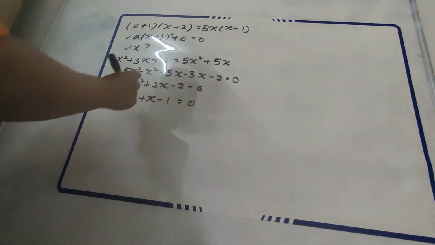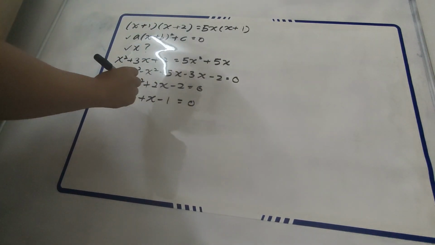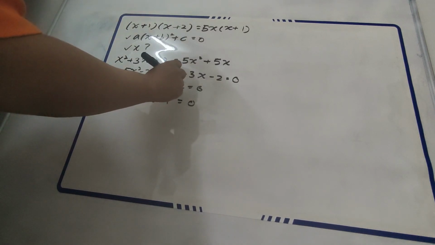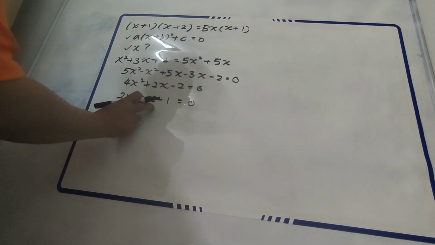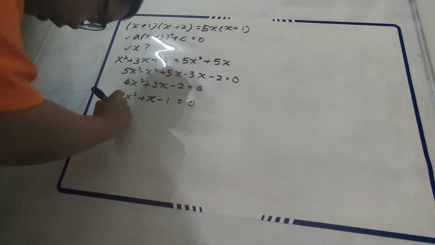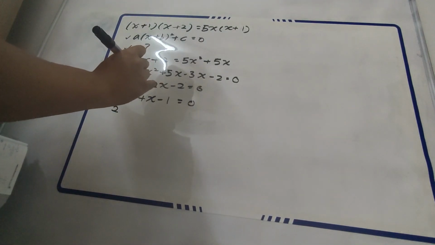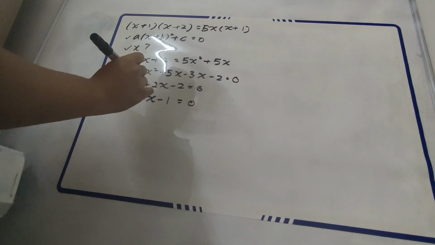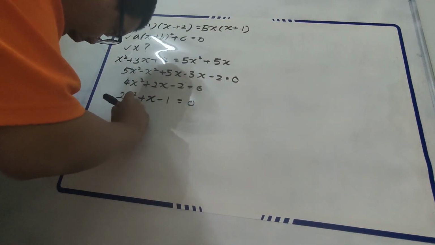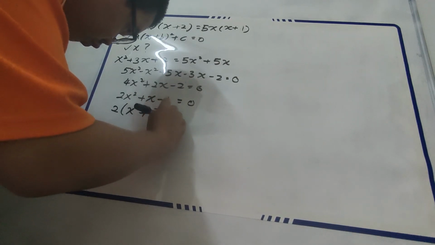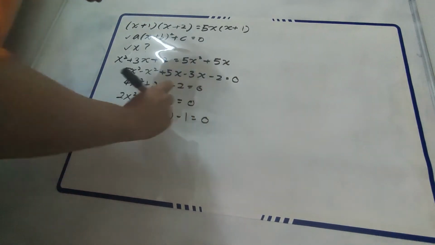To solve this, you can try to divide by 2. You factor out this part: 2 times, x squared plus x over 2 minus 1 equals 0.